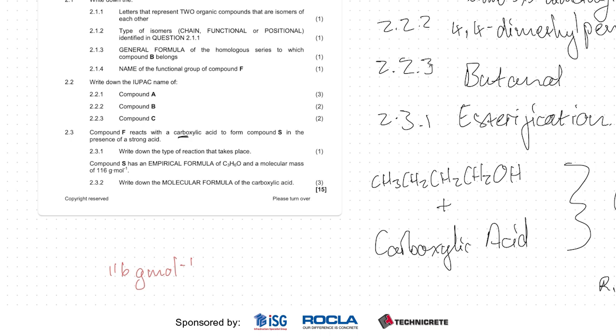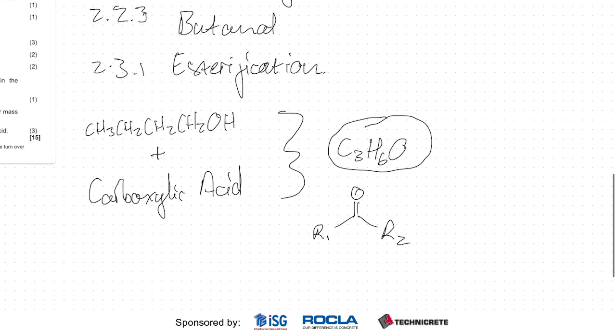You can calculate that quickly, but it's about 58 grams per mole. So here we're going to get a ratio of about 2. So we need to multiply everything in this molecule by 2. So we'll actually get something like C6H12O2.